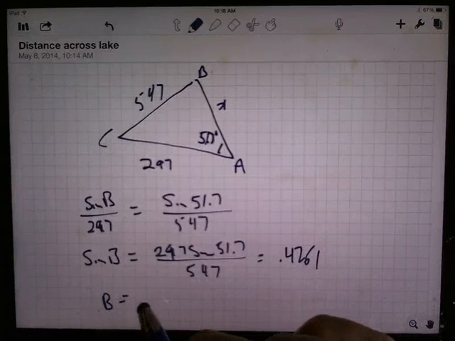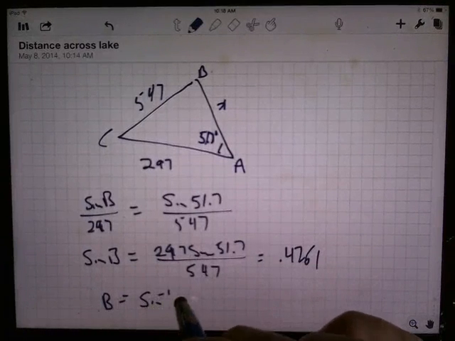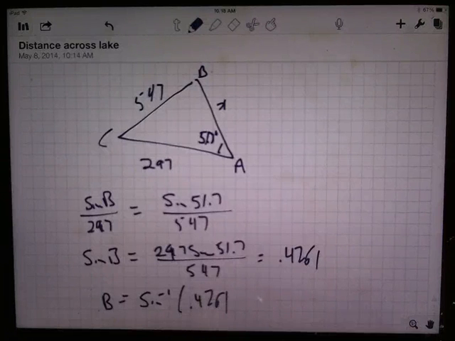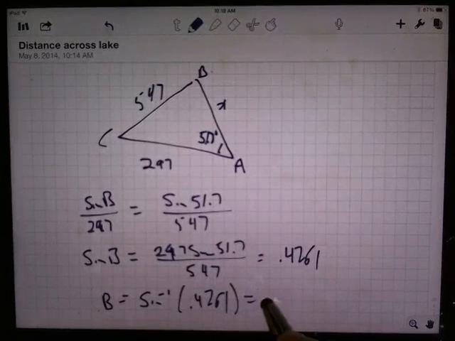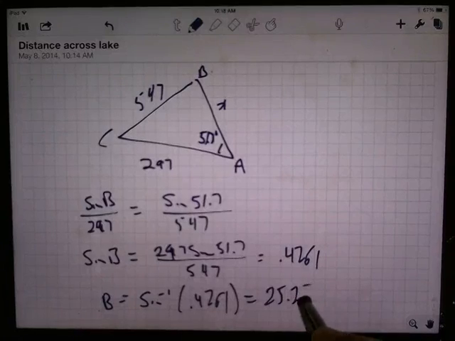So B is the inverse sine of that. And so I say sine inverse of the previous answer, and I get that B is 25.22.